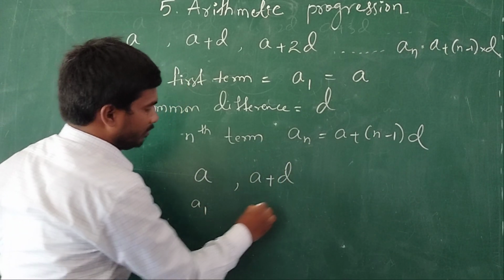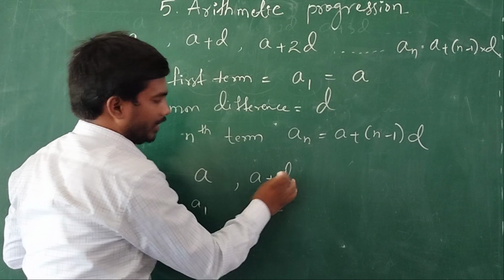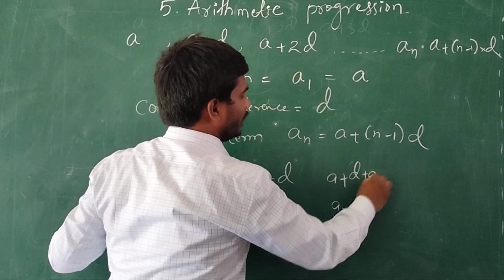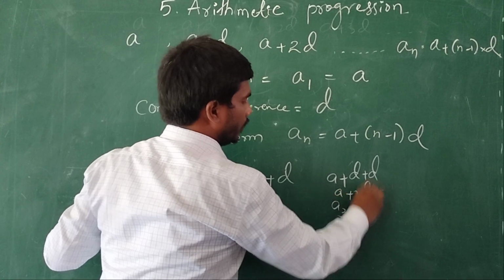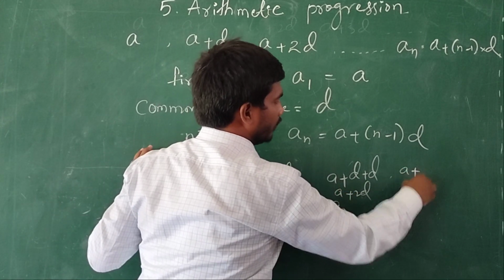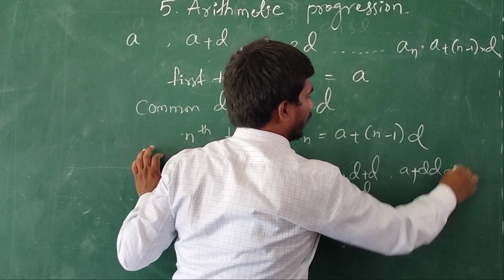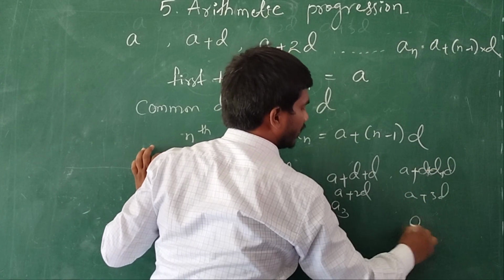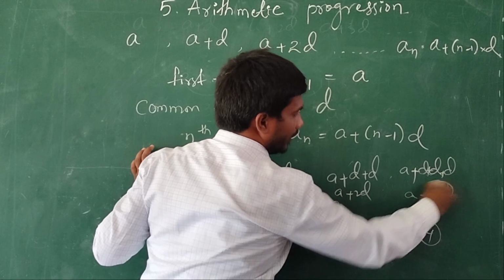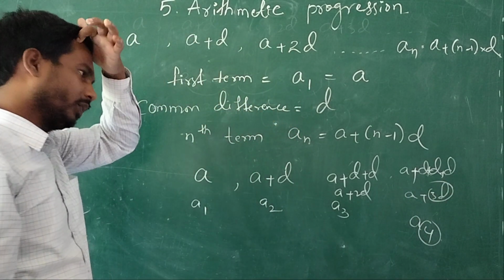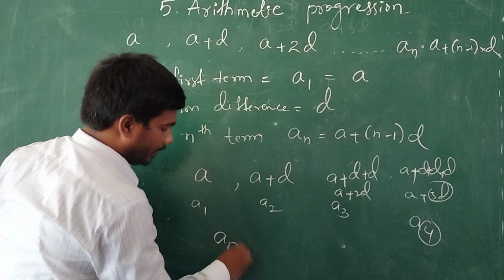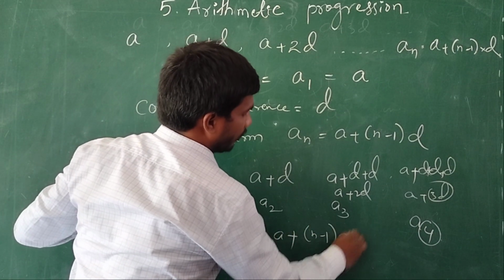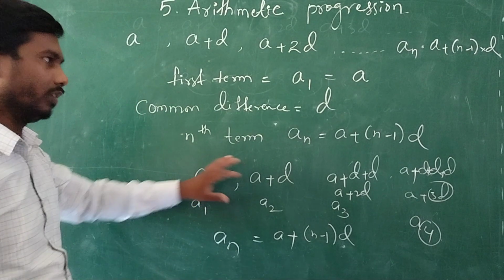For the third term we are adding d plus d, which means a plus 2d. For the fourth term we are adding d three times, so a plus 3d. Like that, for the nth term you will get a plus n minus 1 times d.